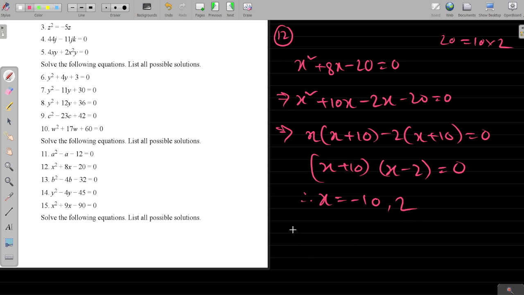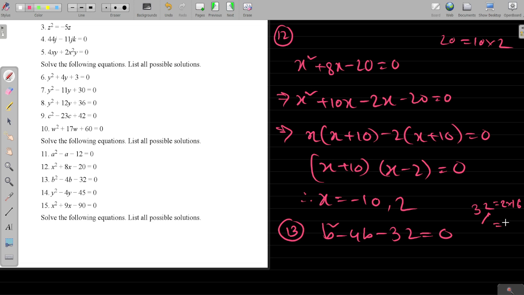Now question number 13: b square minus 4b minus 32 equals 0. How can I break down this 32 so that I get 4? 32 means 2 multiplied by 16. Now I can get 4.